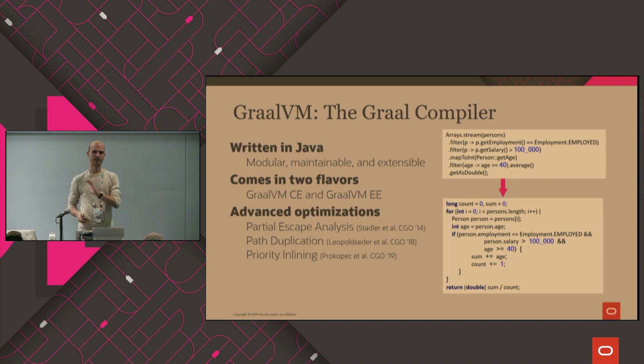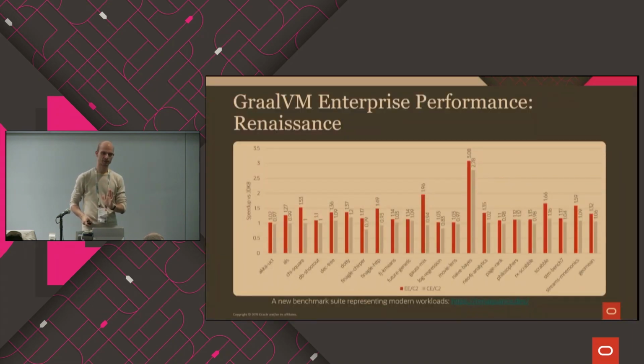Because these kind of high-level concepts are poorly expressed in more traditional, older sets of JVM benchmarks, we have partnered, as Oracle Labs, with, among others, Charles University in Prague to create a new benchmark suite that really shows more modern workloads on the JVM.